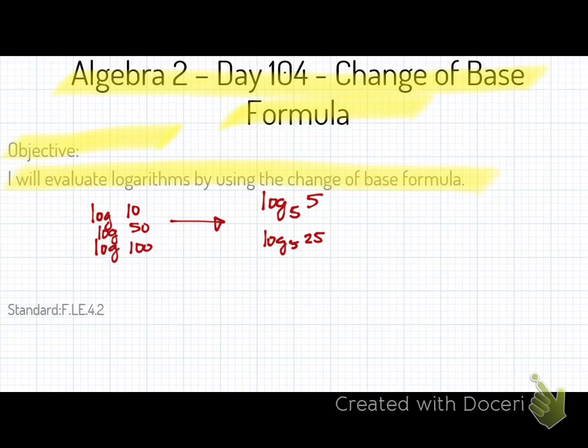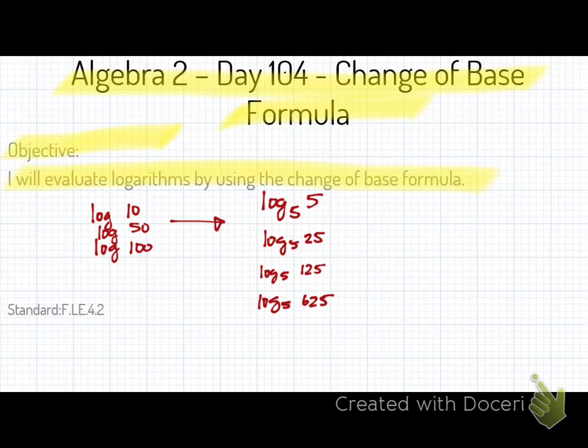Good. What's log base 5 of 125? 3. What's log base 5 of 1? 0. Okay, good. What's log base 5 of 625? 4. You see what I'm doing? 1, 2, 3, 4. Y'all see that?